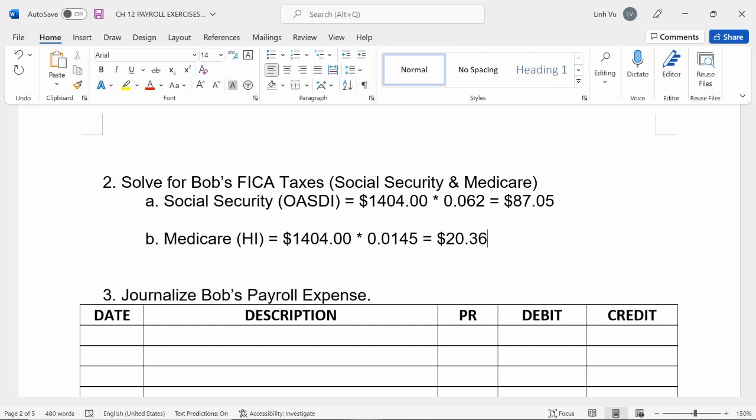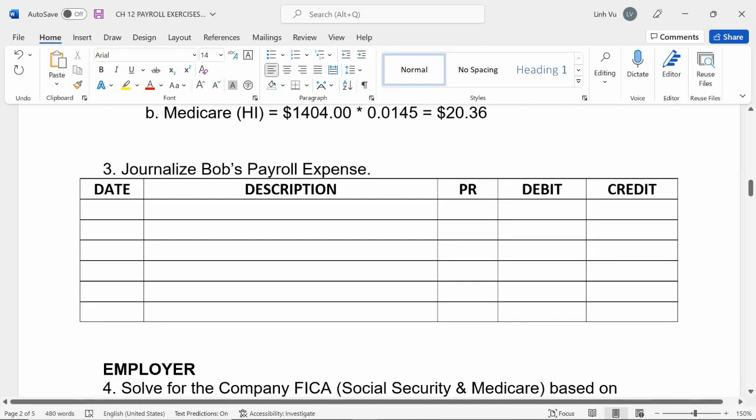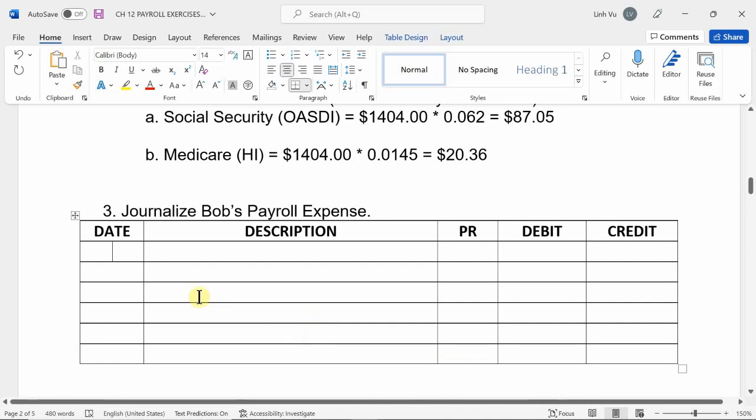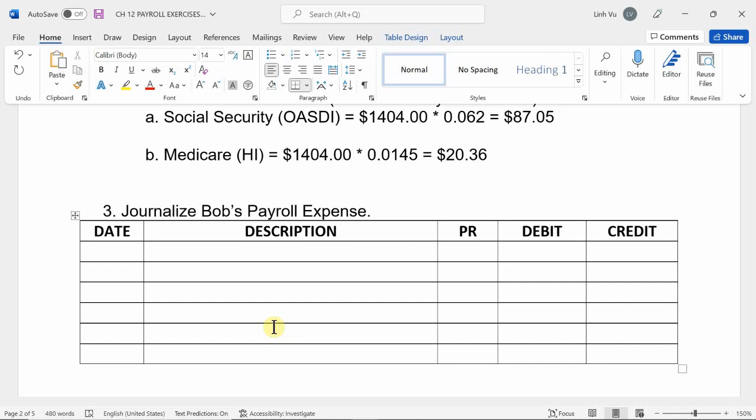So now that we have the basic taxes for Bob, I need to issue his check. How do I journalize this transaction? What am I recognizing first?